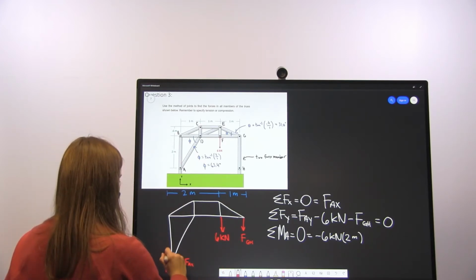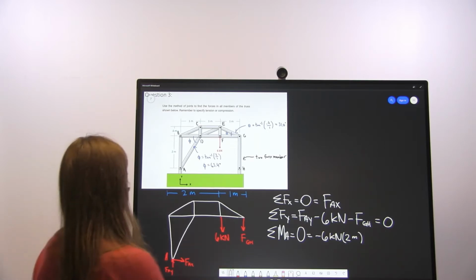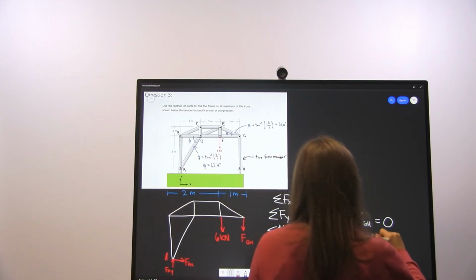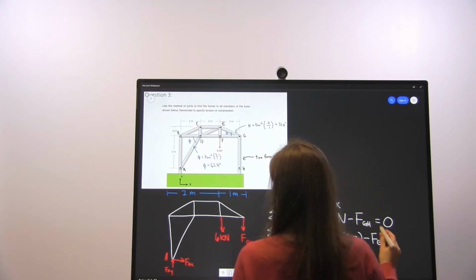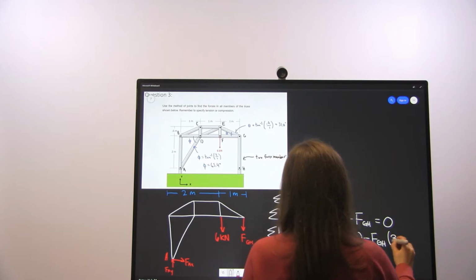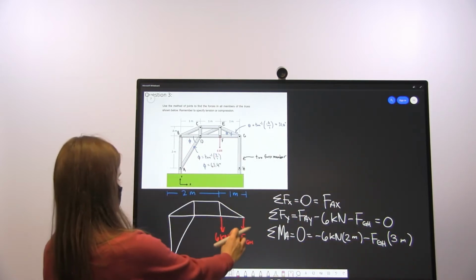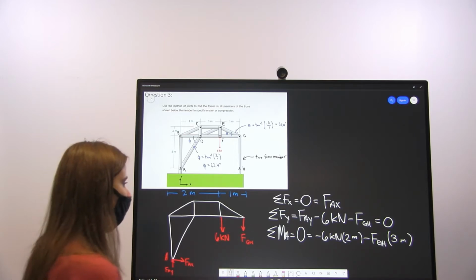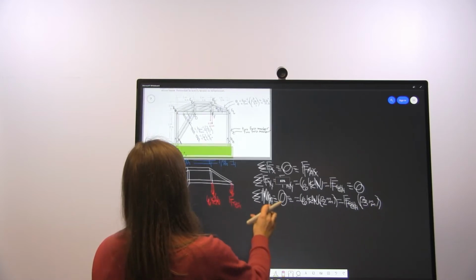And then we also have negative force GH times 3 meters, because that's a total of 3 meters away from A. From there, we can solve our equations.